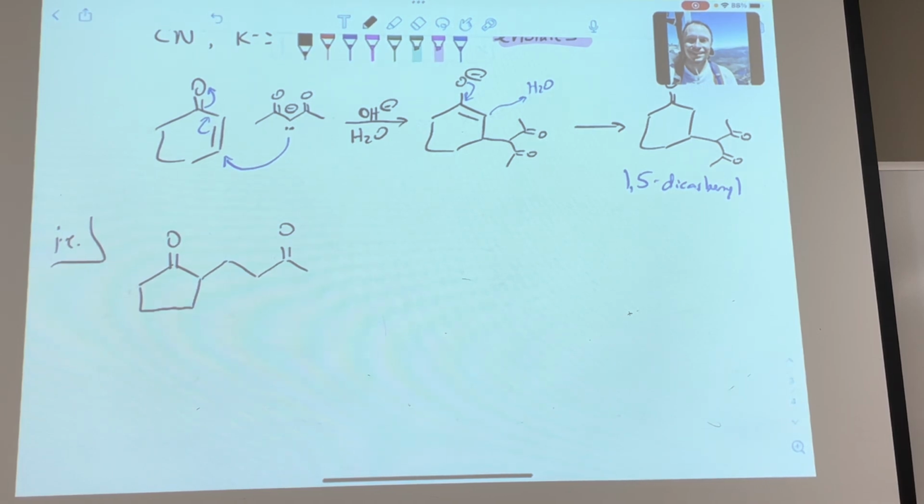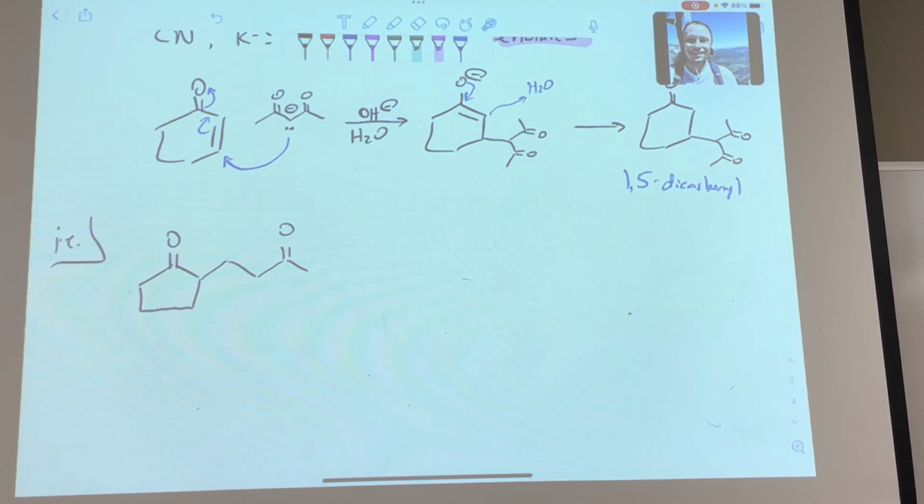It's pretty straightforward to visualize the alpha beta unsaturated carbonyl of an aldol, or the beta ketoester of a Claisen. These are sometimes a little bit more difficult to see in the product. But if we take a look at the thing that we're looking at here, again, count your carbonyls. I see that they're relatively spread apart. If they're 1,5, then that strongly suggests a Michael reaction. There's 1, 2, 3, 4. Then they are. So this would suggest we can get to this product using the Michael chemistry.